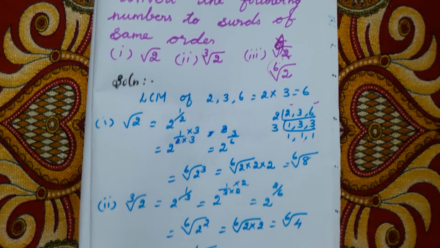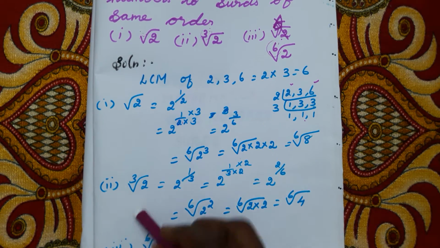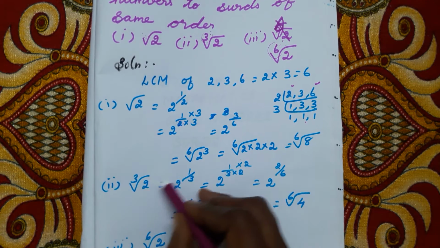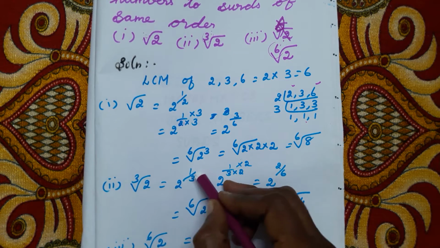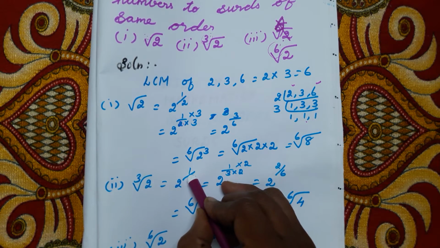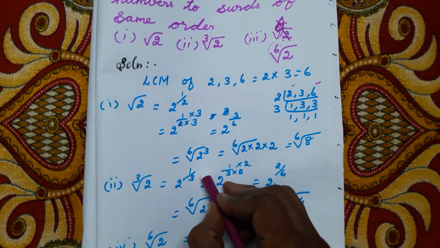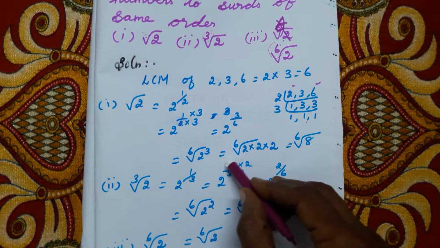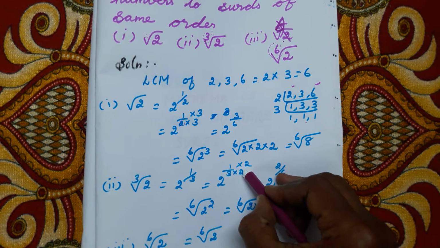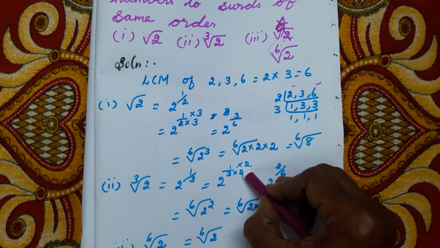Then the second problem, cube root of 2. The fractional form of this is 2 power 1 by 3. We have to convert this 3 into 6. Which number do we multiply? 2. So the numerator and denominator are multiplied by 2.